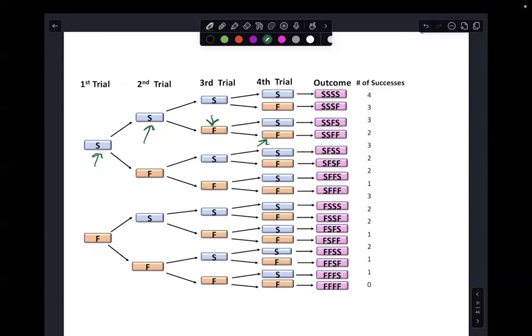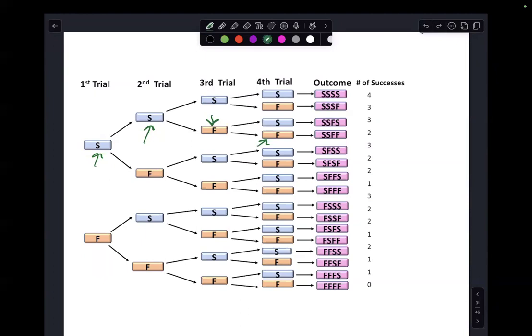So if you look at this, I have one, two, three, four different ways to get three successes. I have one, two, three, four, five, six different ways to get two successes. So I have all of these different ways to get successes and failures.